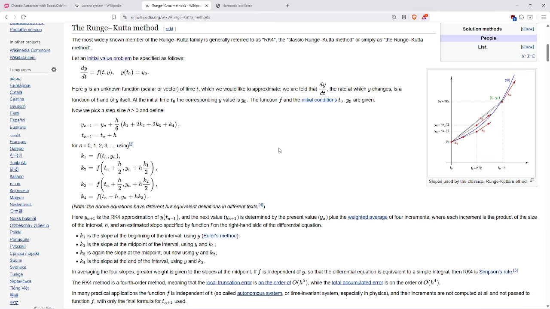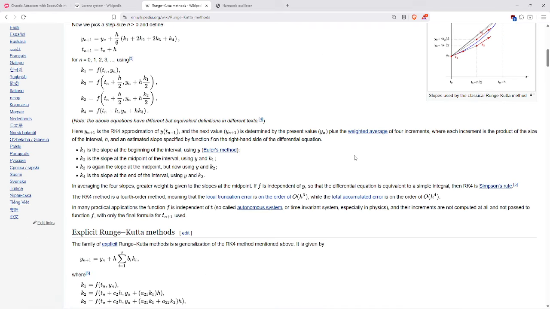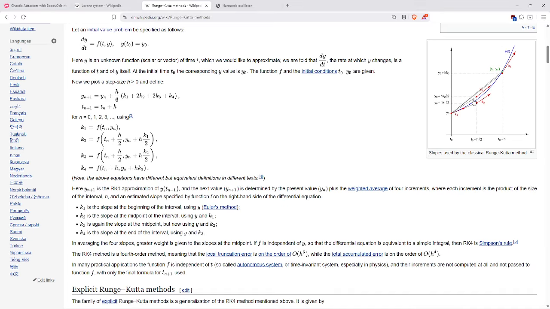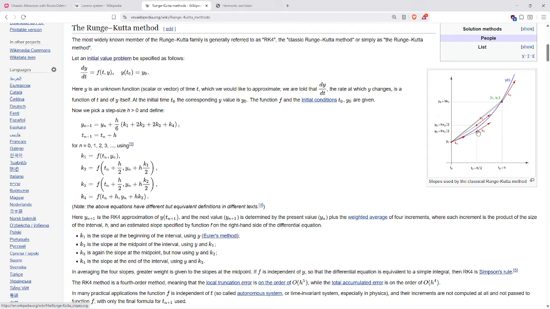That's why it's called fourth order. The RK4 approximation of y of t n plus 1, the next value y n plus 1, is determined by the present value y n plus a weighted average of 4 increments. So that's what you can see here in this diagram, what they're doing.